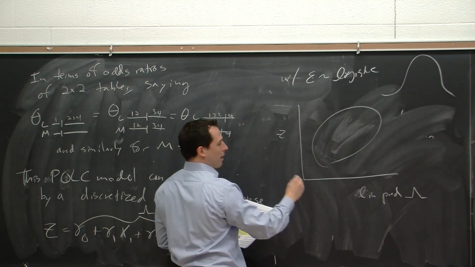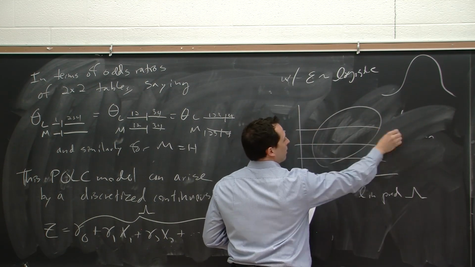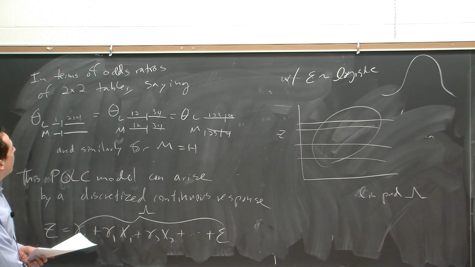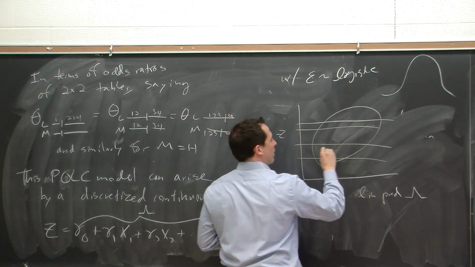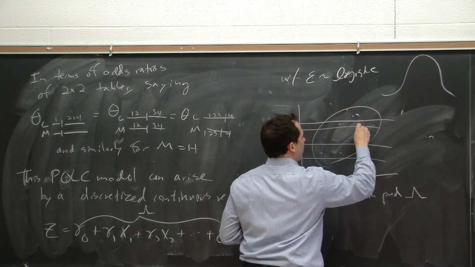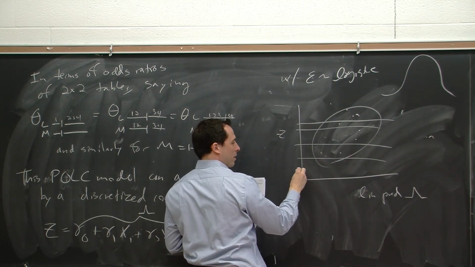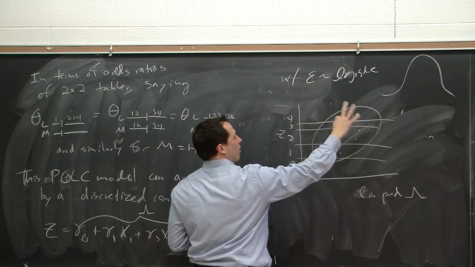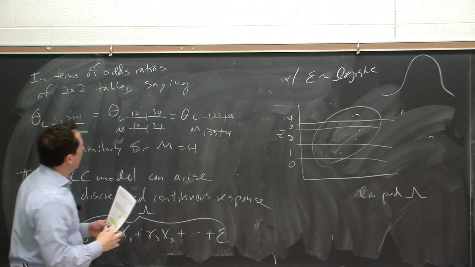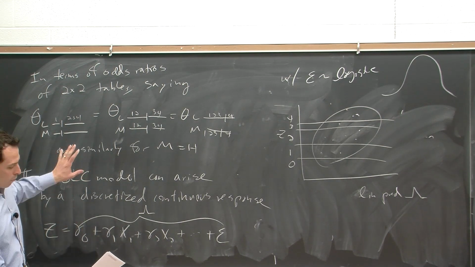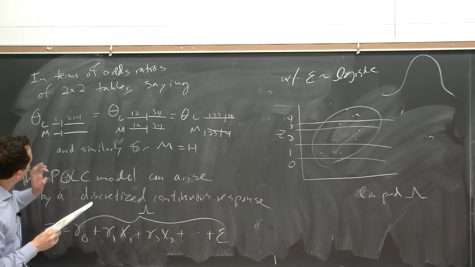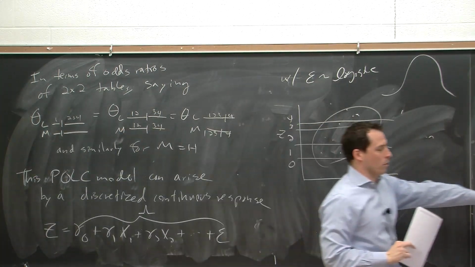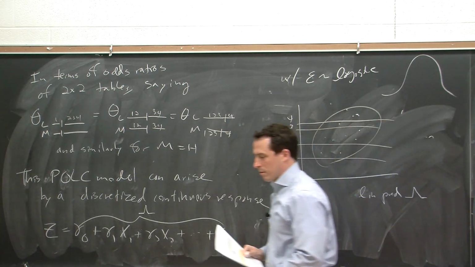And then our response variable just got cut, not by us, but by nature, into some categories. So these are the data points. Instead of seeing the z value of data points, we just see, oh, it was in category 0, category 1, category 2, category 3, category 4. So if these all got compressed, then this will be the correct model, or it will satisfy this assumption of equal things.